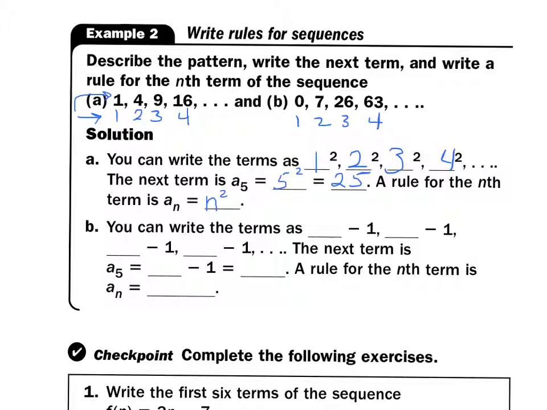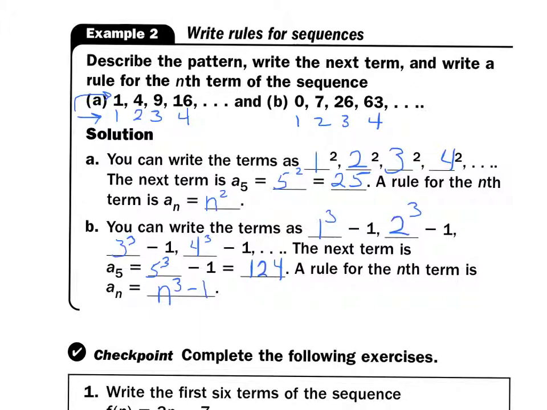Sometimes these are really hard to figure out. So you just have to keep playing with it until you do. So the next term would be 5 cubed minus 1. 5 cubed is 125, so that's 124. And the rule is n cubed minus 1.